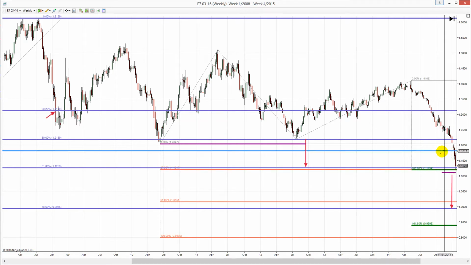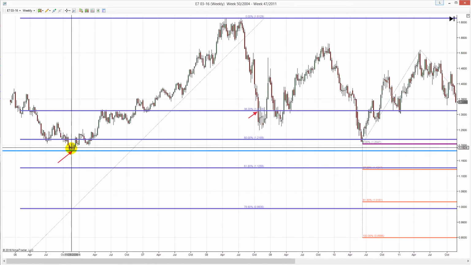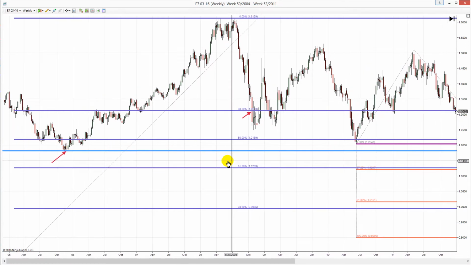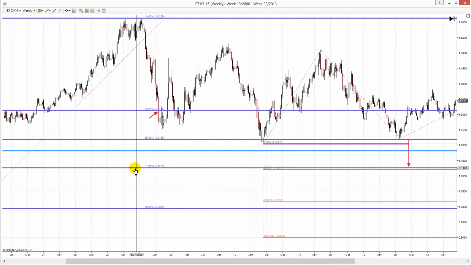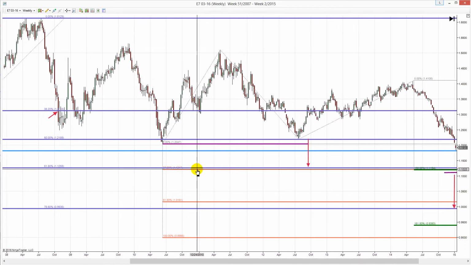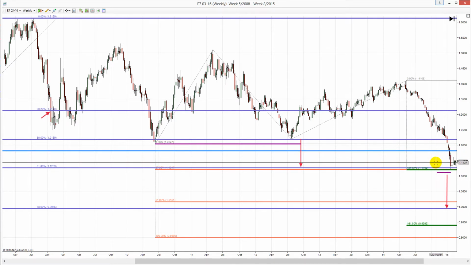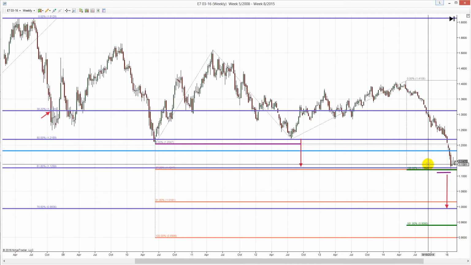We go back to that level because it was support broken. So that's our target here. If we buy here at 112.40, and the target is 117.80, it's 500 pips. It's pretty big, huh?